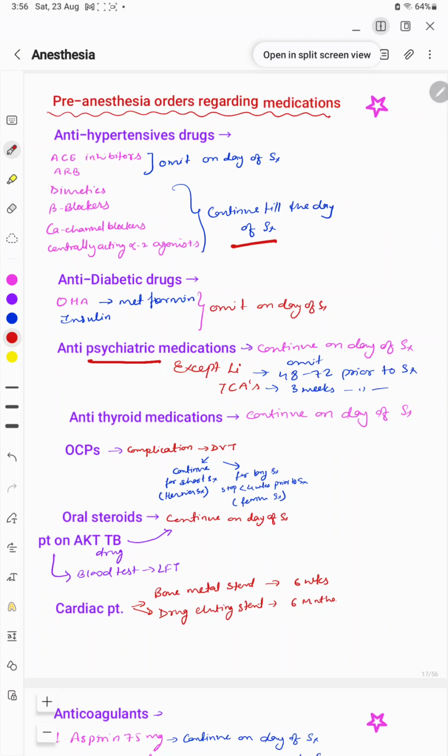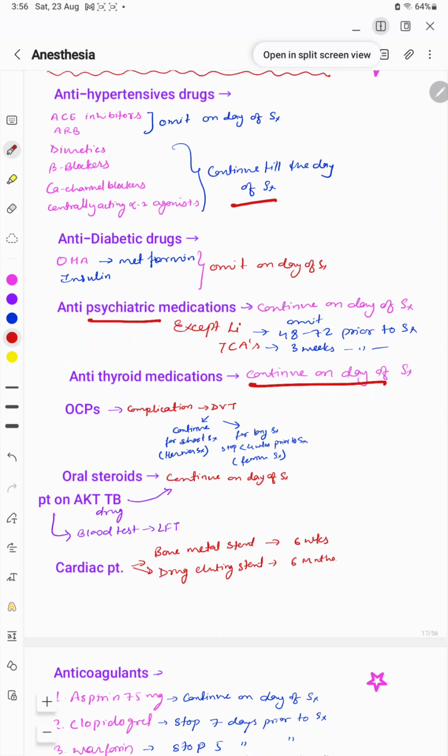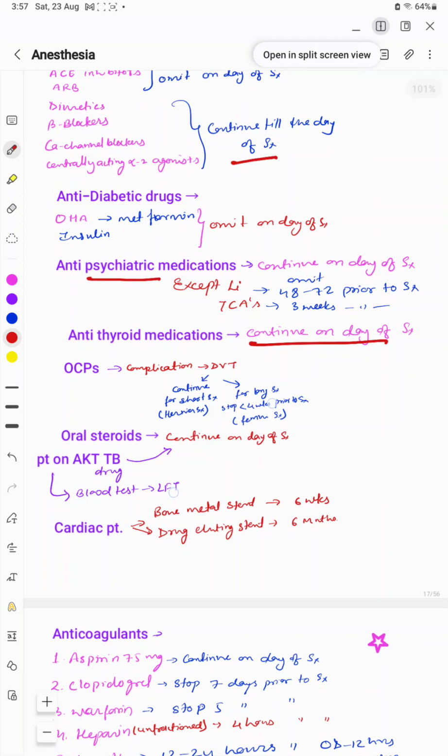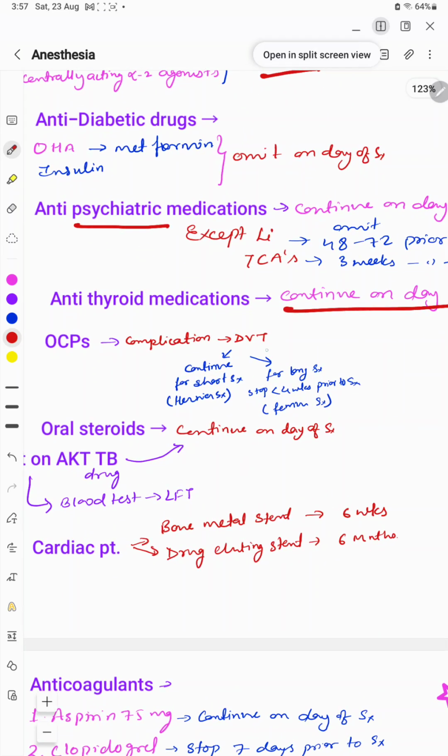Then anti-thyroid medication we will continue on the day of the surgery. OCPs, what is the complication of the OCPs? The complication of surgery is DVT, deep vein thrombosis. We will continue the OCP for short surgery, and for long surgery we stop 4 weeks prior to the surgery.